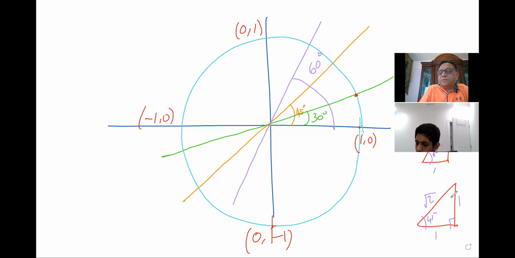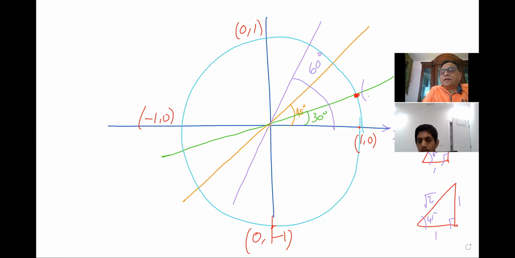Right. Perfect. Now, what is the xy value here? Can you tell me? Just as on the x-axis I have 1, 0, can you tell me the value at a 30 degrees angle on the unit circle?